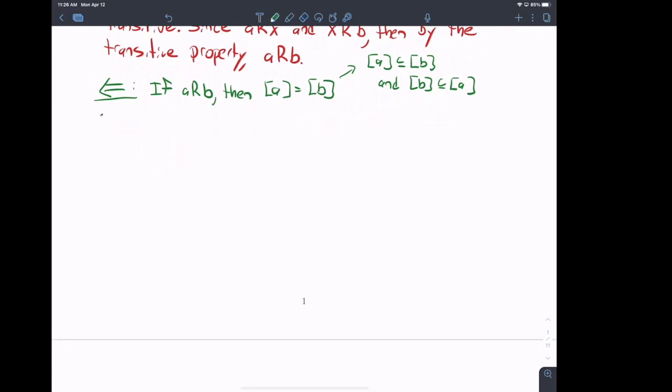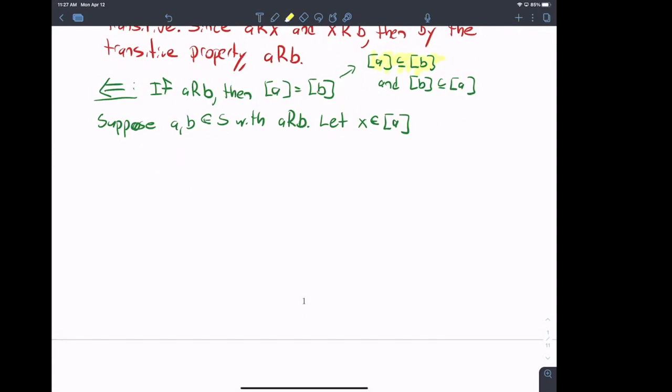So let's suppose we have two elements A and B in set S with A related to B. Now we're going to try and show that their equivalence classes are equal. So let me first think about doing it this way.